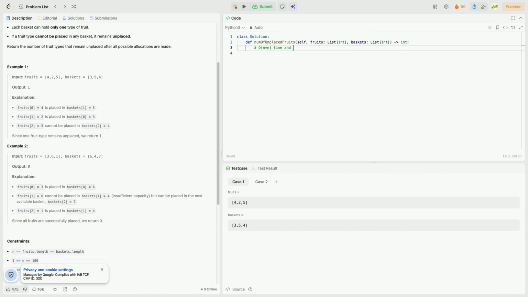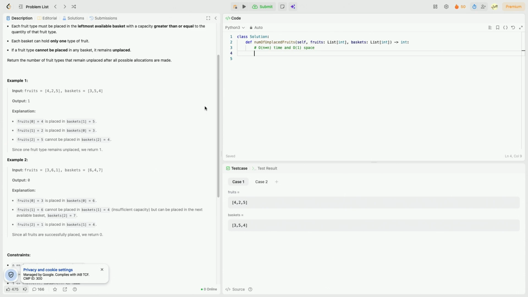And what else do we need? Do we need any space? I don't think we need any space. So the outer loop will be over all of the fruits, and we will loop over all of the baskets inside.